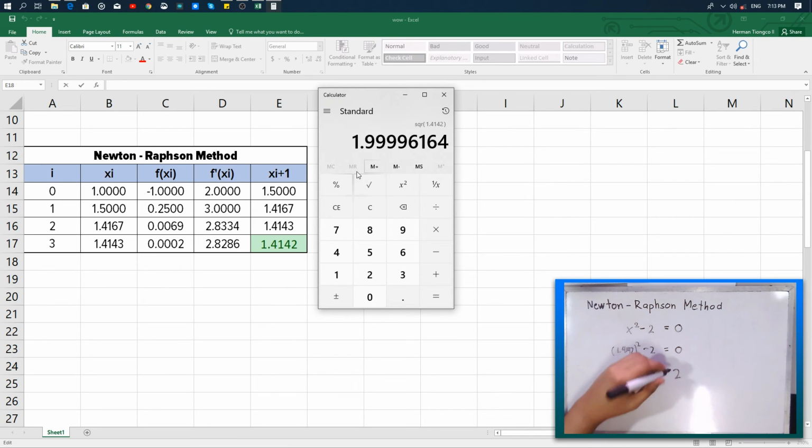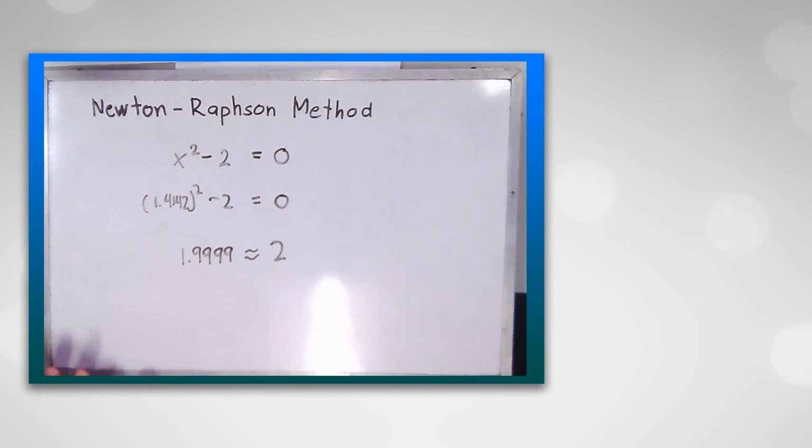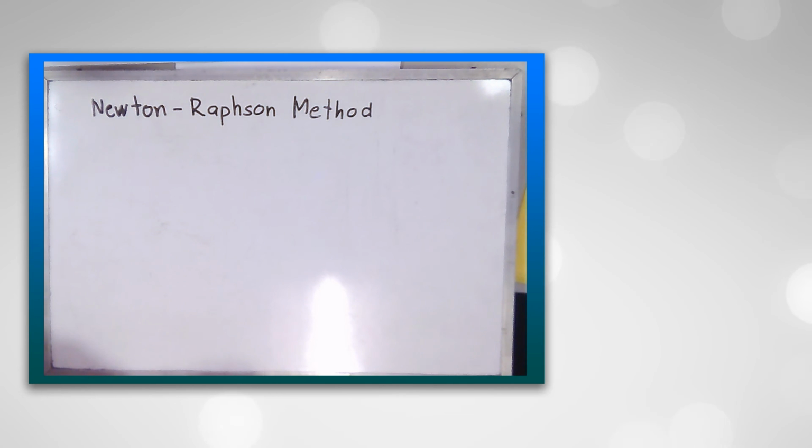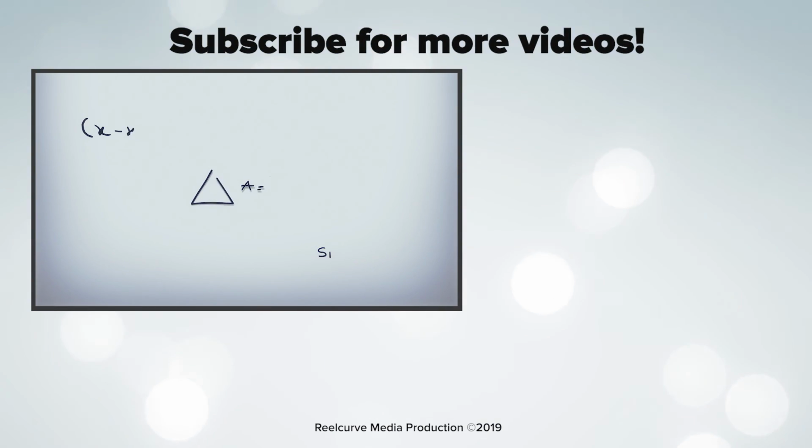So they are actually nearly equivalent to each other with an error of 0.0001. So at this point, we have just solved it.